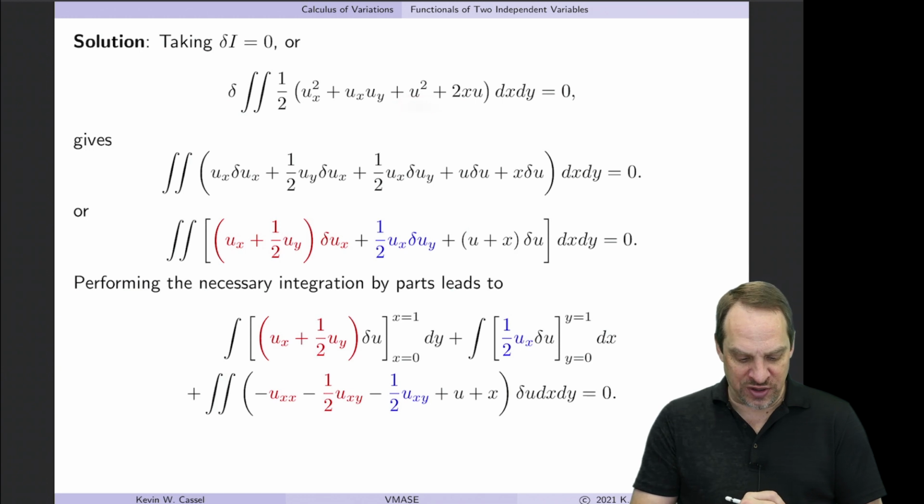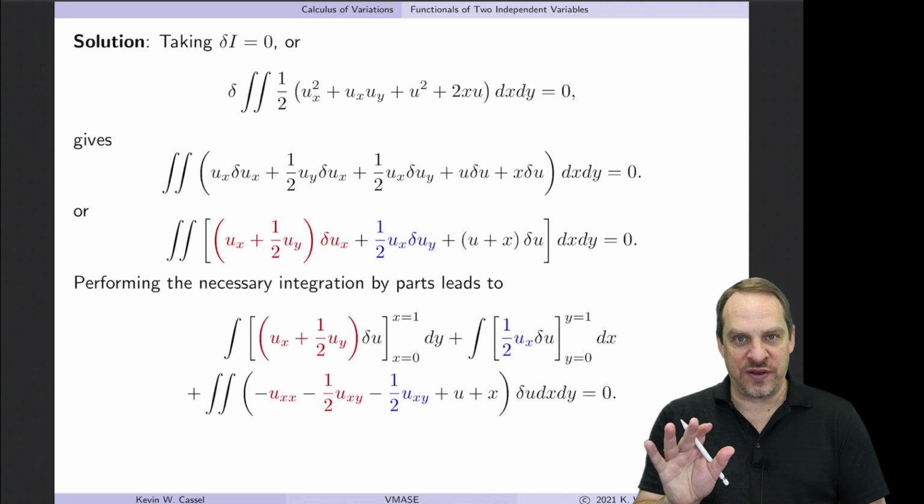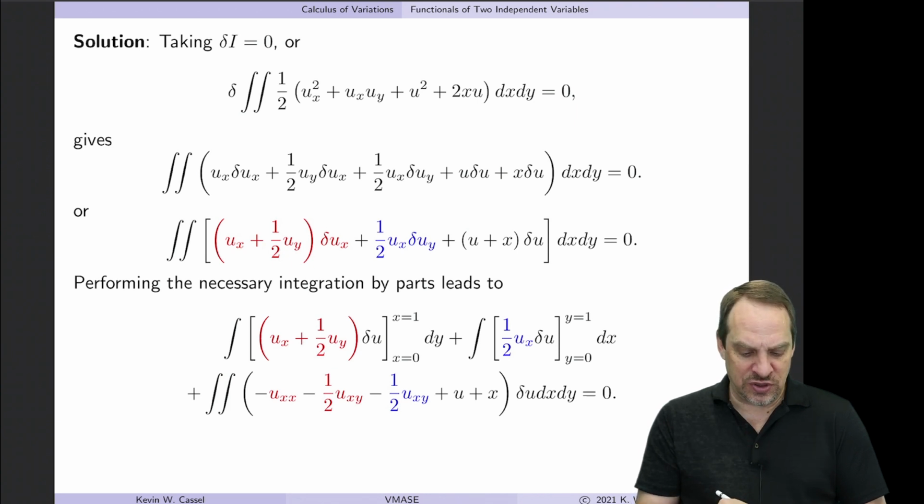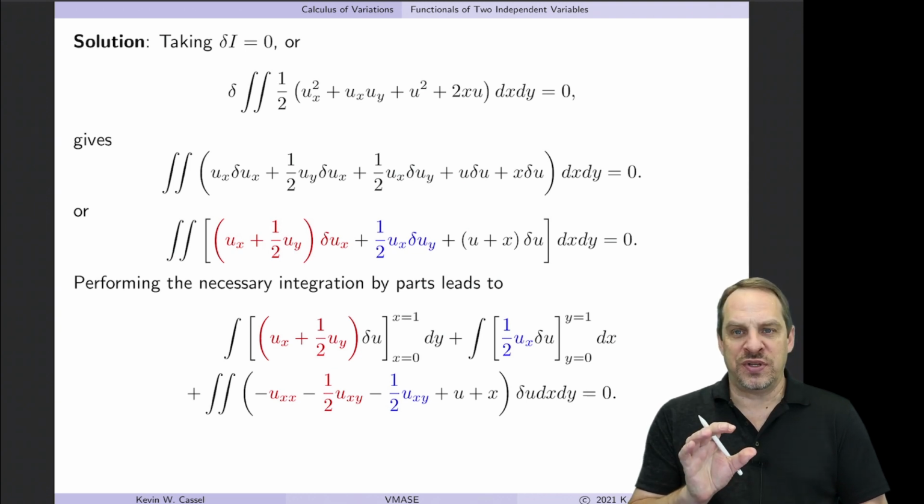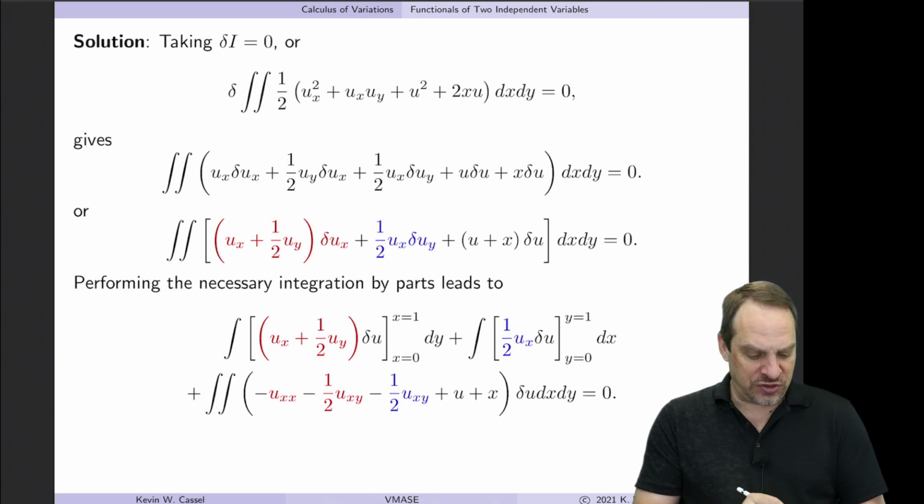And then something squared again. So that's 2 times u times delta u. And then 2 times x times u, variation of that. The x does not vary, only the u varies. So that's 2 times x times delta u. And then, of course, don't forget the 1/2 out front. That cancels a bunch of those 2's. So now what we want to do is to gather all the terms for each of the variations.